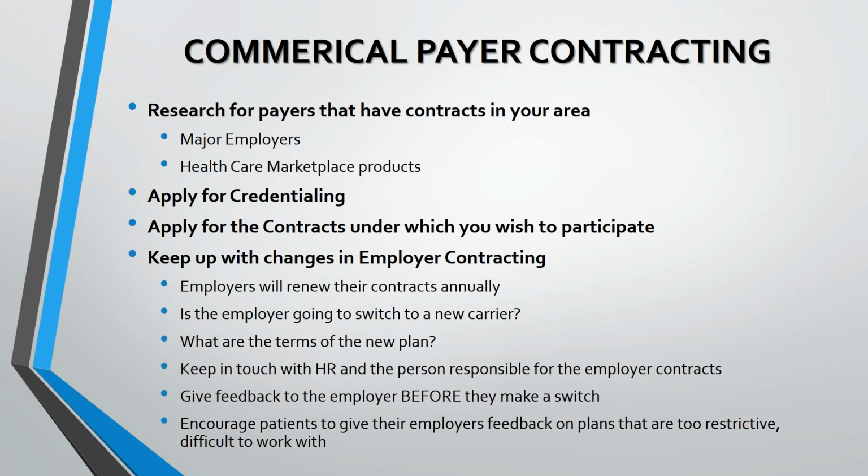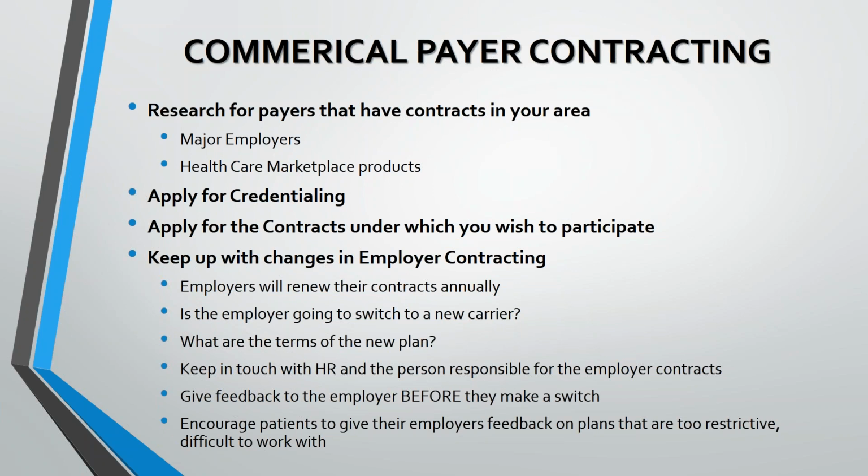And if you don't find this out ahead of time, encourage the employees to notify the employers that these benefits have been really restricted, or that they've now moved to a new plan that's extremely difficult to work with. Make sure those employees give their employers the feedback, so that next year when it comes up for renegotiation, they can look at either changing plans or enhancing the plans to get that benefit back, and so on and so forth.